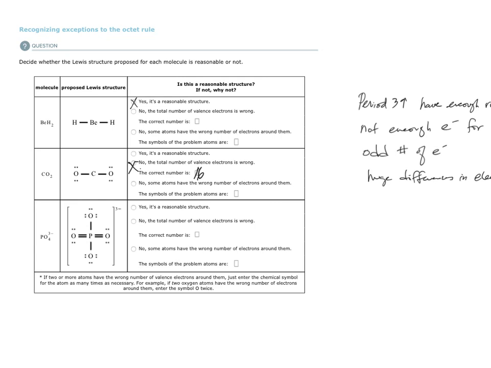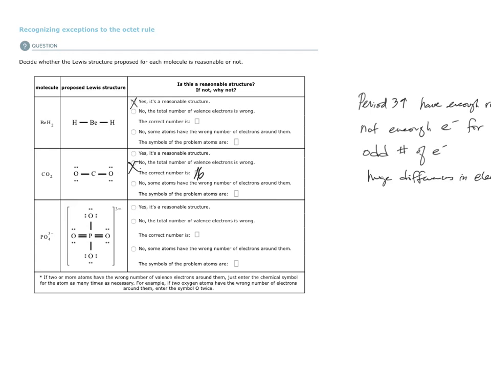It's a polyatomic ion. And a lot of times you're going to play with this with ions. Ions have to be exceptions because there's not the same number of electrons that would normally fit in a molecule. So there's going to be breaking some rules. Well, this is obviously breaking rules, but it's big enough to handle it, so I will say yes, it's reasonable.